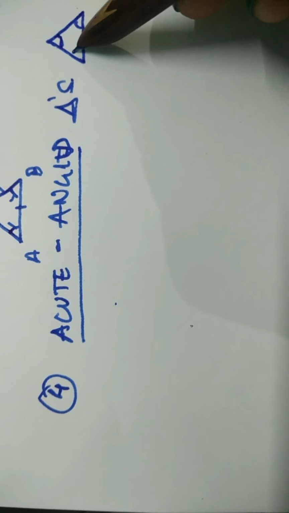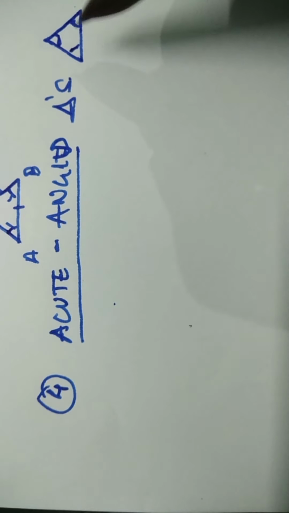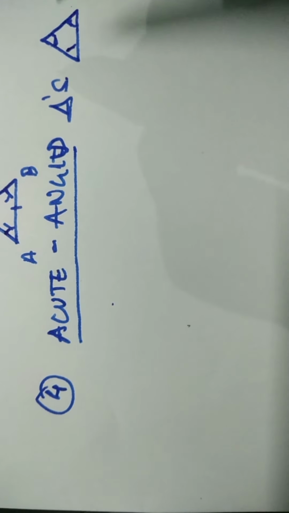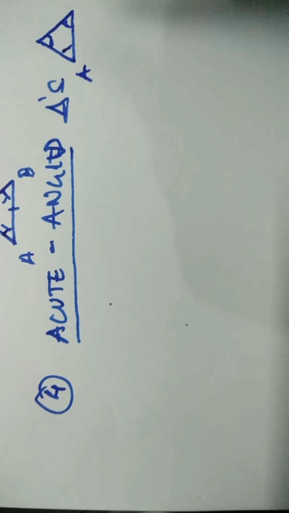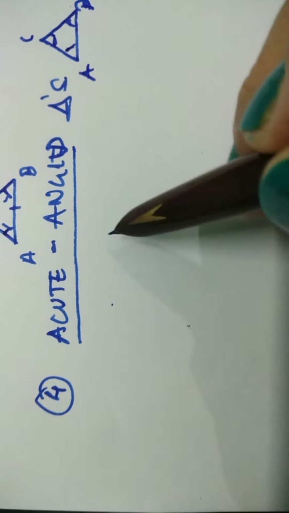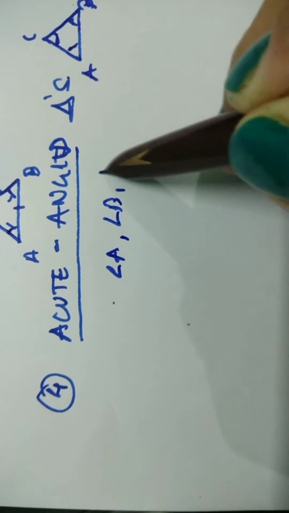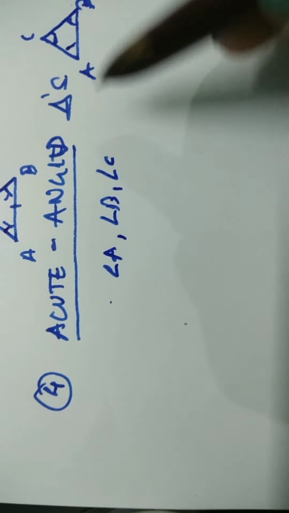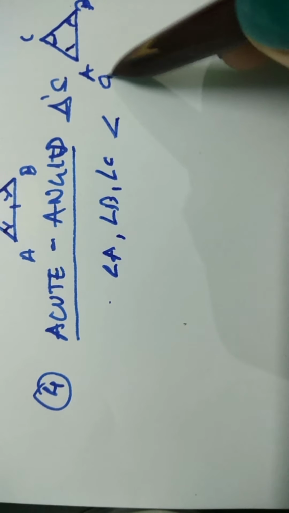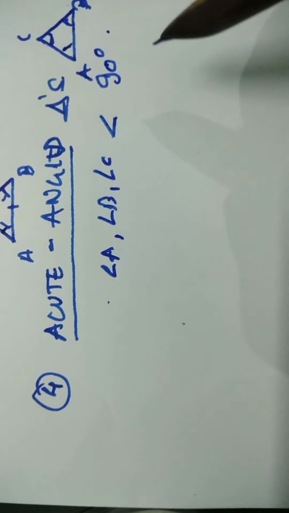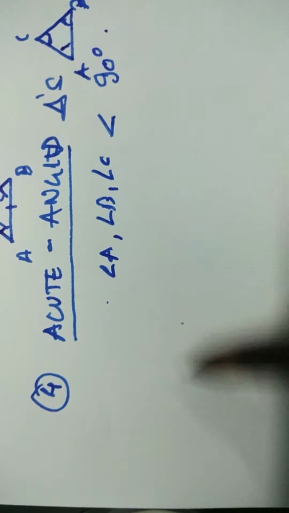This angle, this angle, this angle. That means angle A, angle B and angle C are all less than 90 degrees. Such types of triangles are called acute angle triangles.